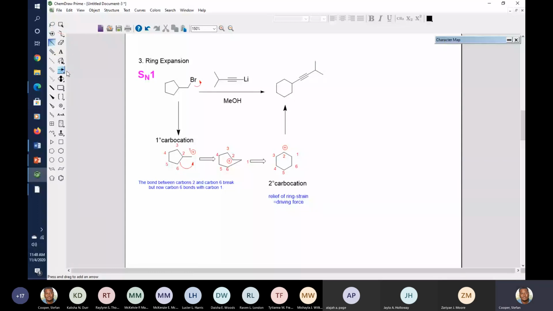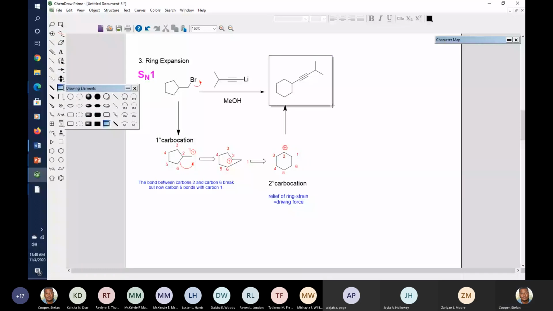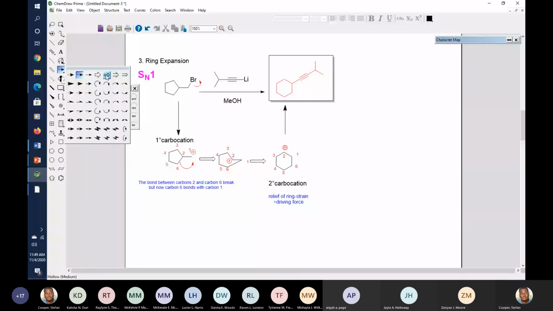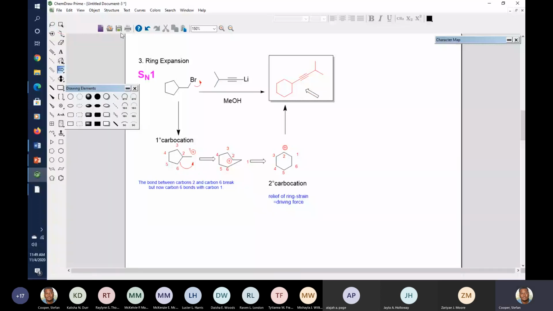Do I need to draw a wedge and a dash for this molecule? That's a no, right? Because that carbon there is not chiral again. All right, I know somebody said they were lost. I just wanted to get through all this and just talk about it one more time.